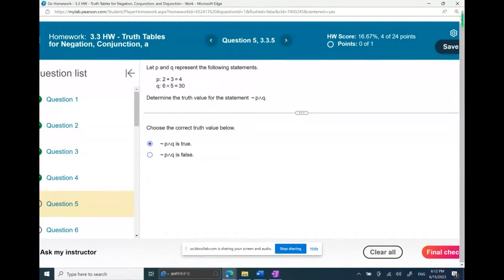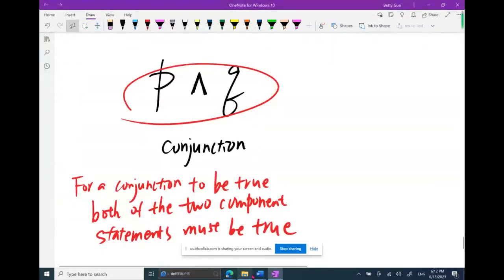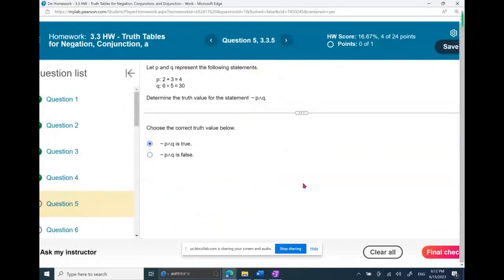P is simple, and not P is also simple, but sometimes it's more complicated than that. Make sure you find out the truth values for both components, and based on that determine the truth value of the conjunction. To solve those questions, all we need to know is this sentence, right? Any questions? 1, 2, 3. Next.